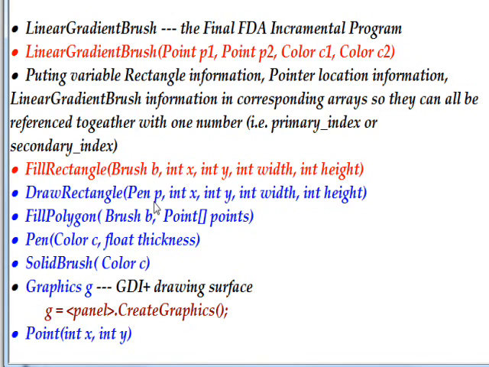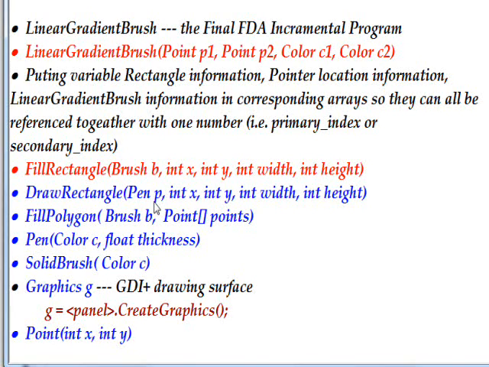And another method we looked at previously is the fill polygon, which we use to create the red and black pointers that point to the to and from directories. And that requires a brush, since it's a filled in object, and also an array of points, so you can have any number of points to create different types of polygons.